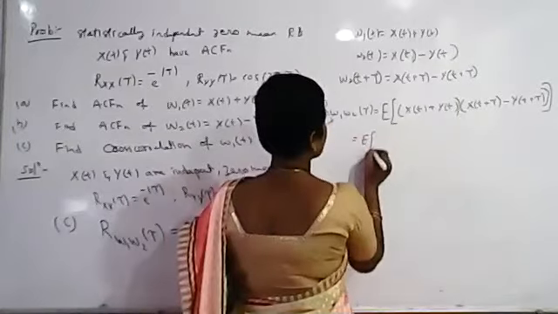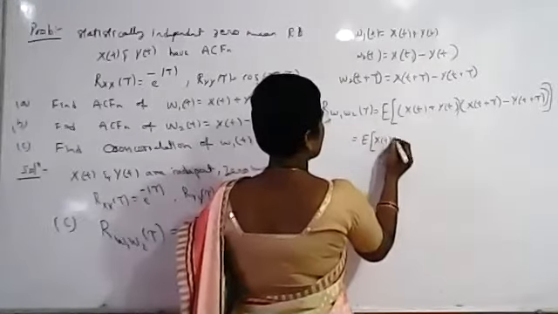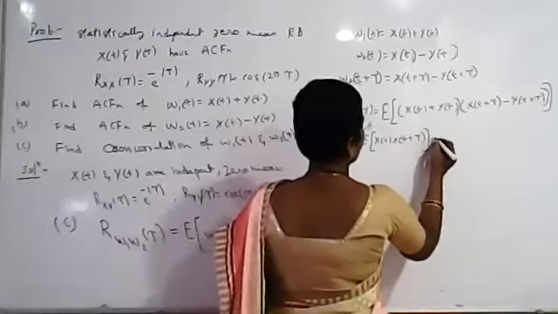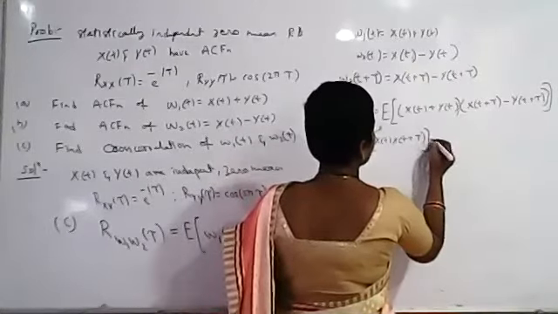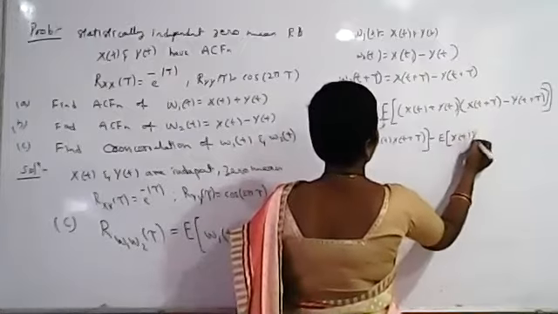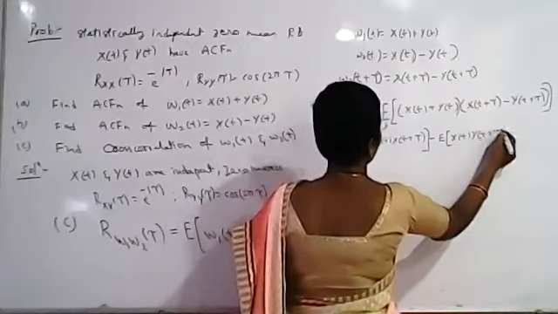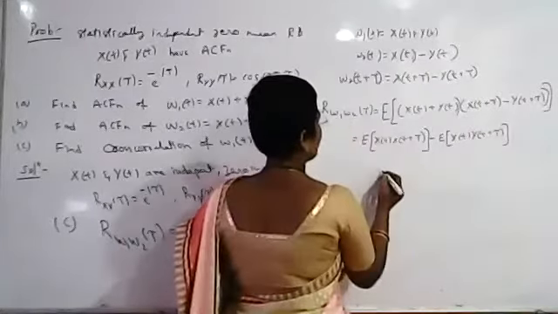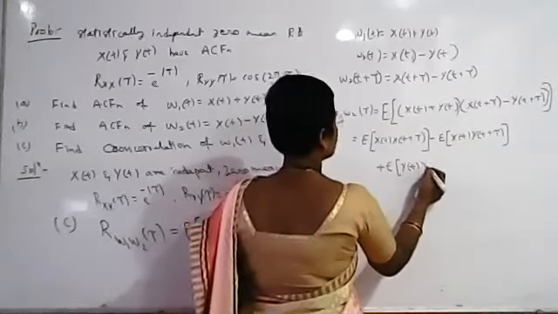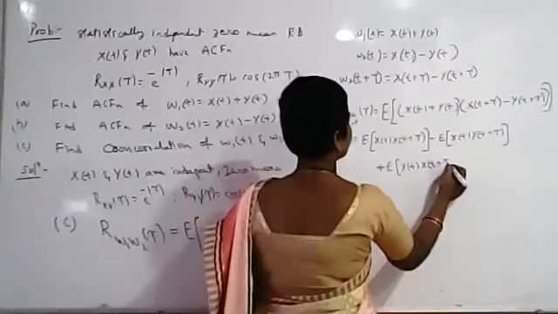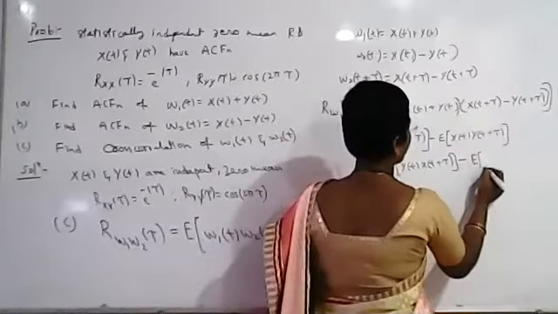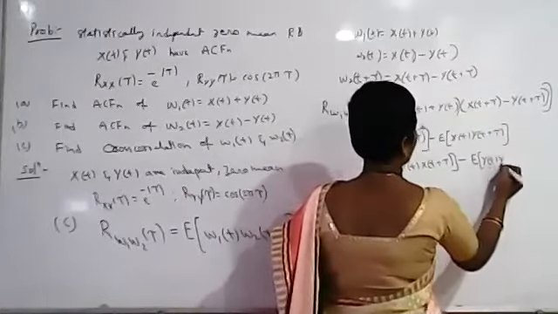This can be written as the expected value of x of t, x of t plus tau, minus the expected value of x of t, y of t plus tau, plus the expected value of y of t, x of t plus tau, minus the expected value of y of t, y of t plus tau.